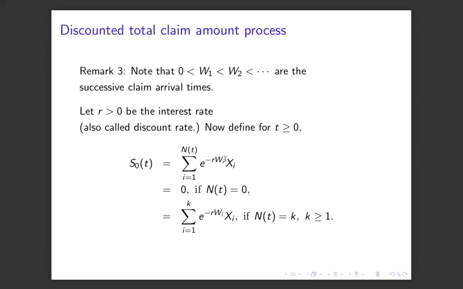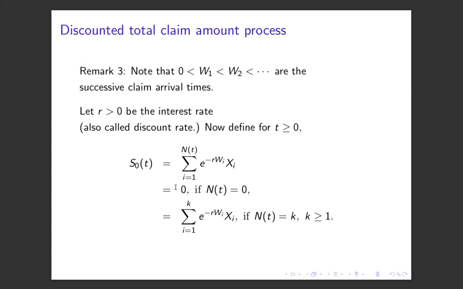And let us say you want to pay X_i at that time, that is the claim amount. So at time 0, you should have this much amount, e to the power minus R times W_i, the whole thing multiplied by X_i.